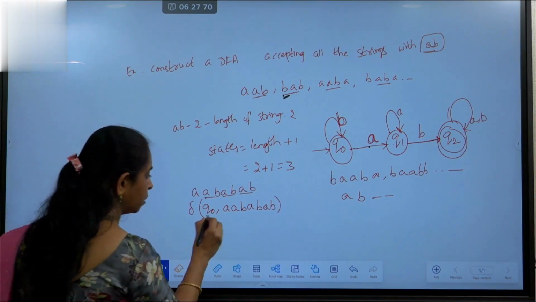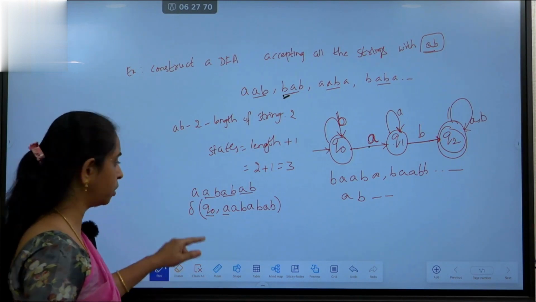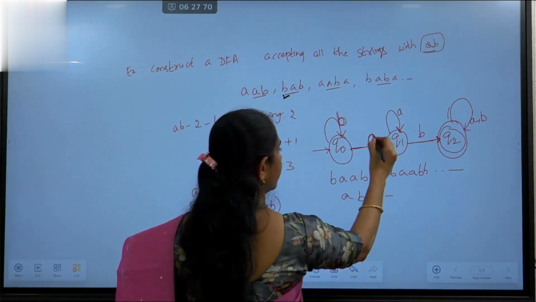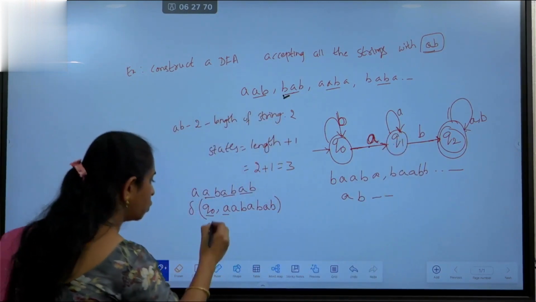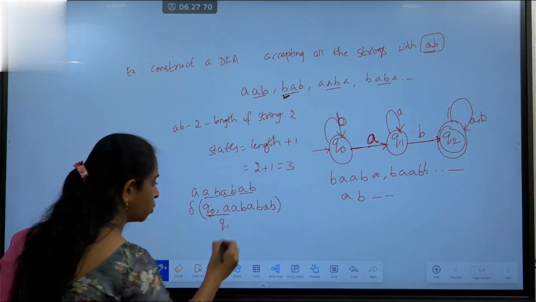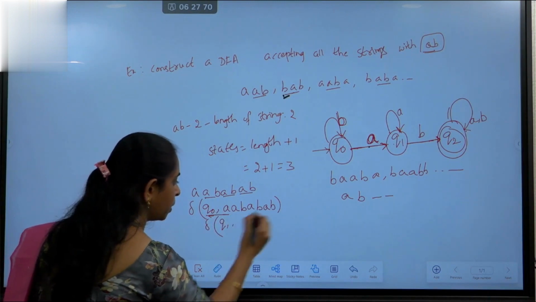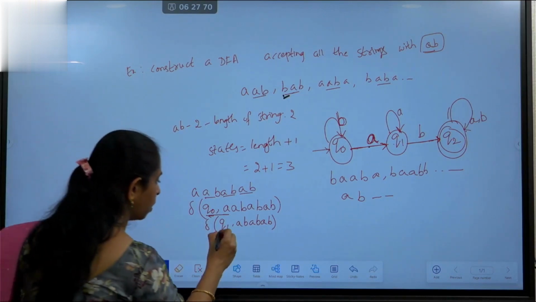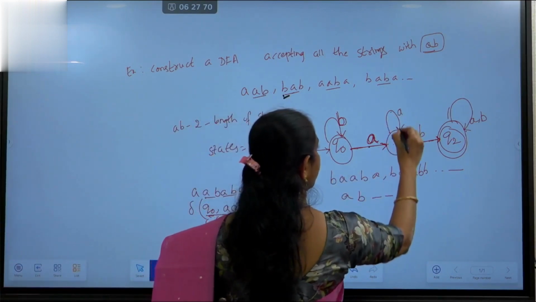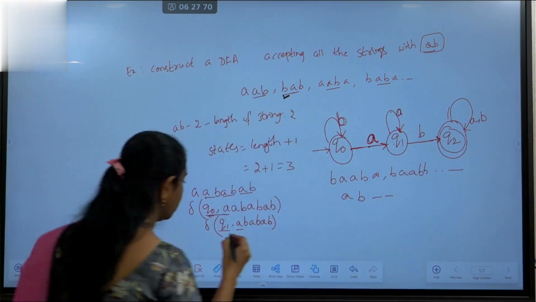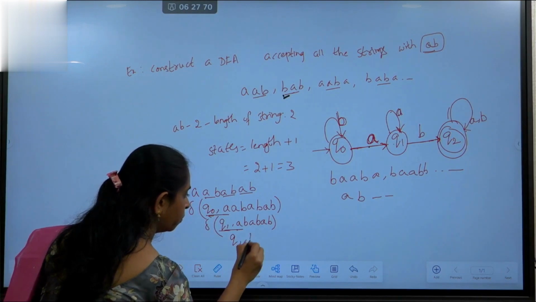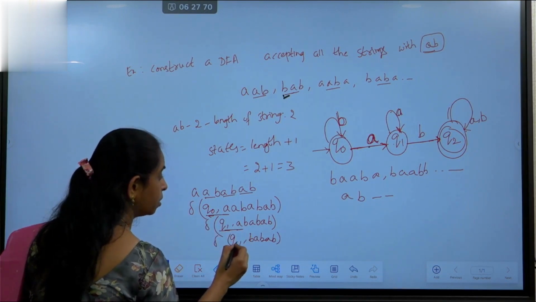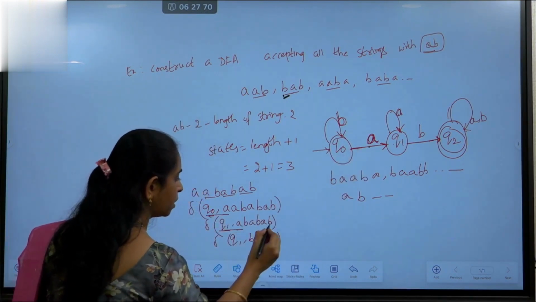Delta means the transition function. Q0 on input alphabet A moves to the next state Q1, so we write Q1, and the remaining string is as it is.